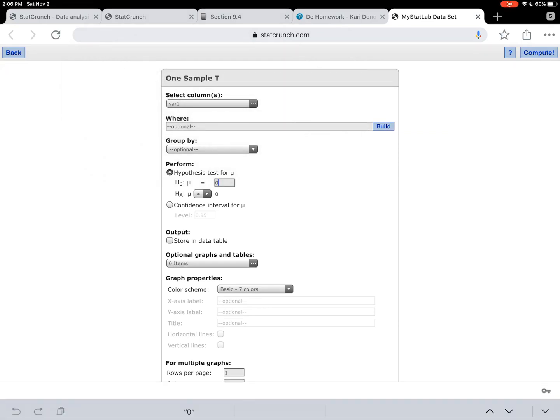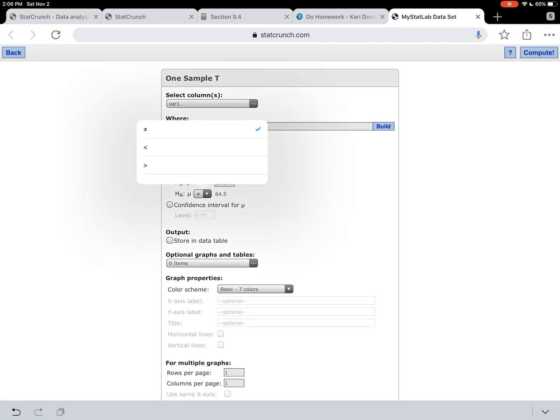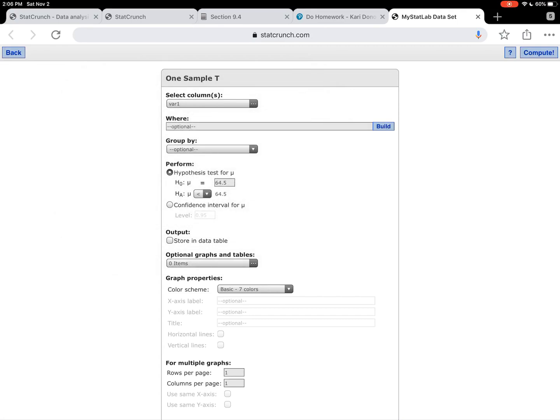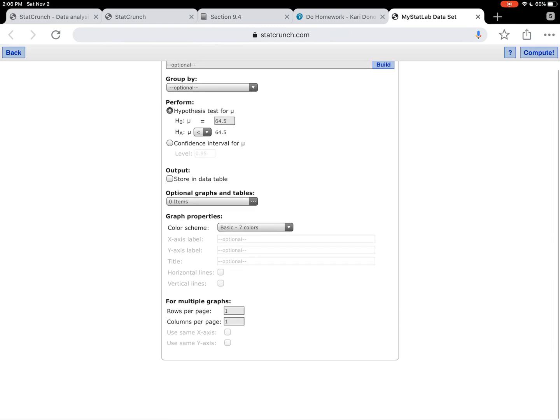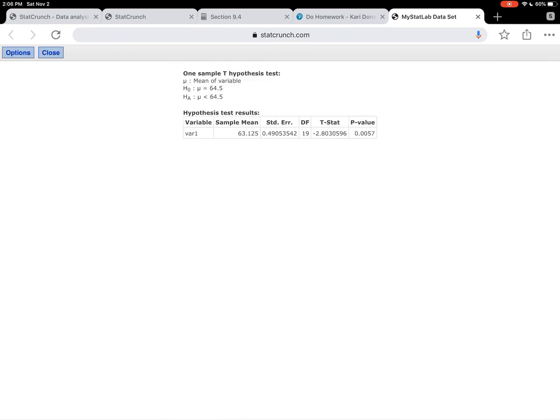I have to make my hypothesis test here match what we just chose in the first part. So we chose that the mean was still 64.5, and then we were testing maybe it is actually less than that. And that's the only thing I need to type in here. I go ahead and compute that. So the test statistic is that t-stat, negative 2.803.